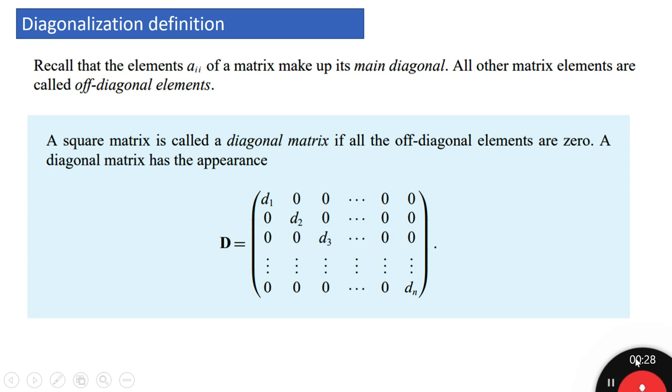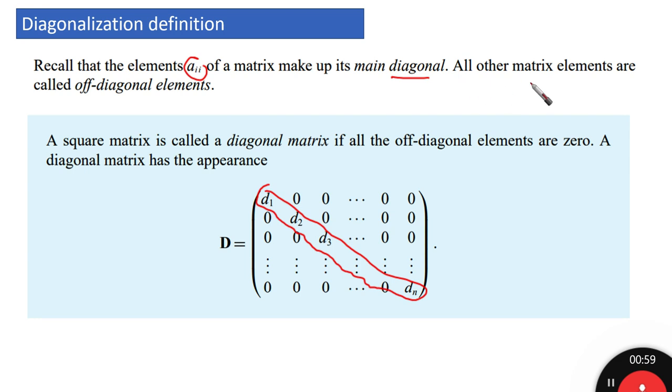Let's go and see what is the definition of the diagonal matrix and how we can work on it. First of all, the definition: recall that the elements a_ii of a matrix make up its main diagonal. Whenever we have a matrix and these elements make up the diagonal of this matrix, then if they are non-zeros and the other, off-diagonal elements are zeros, then we call this matrix diagonal.